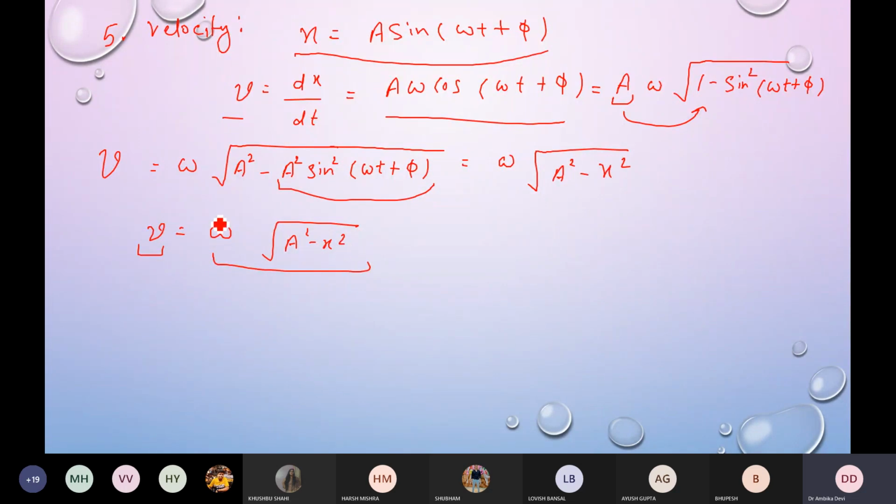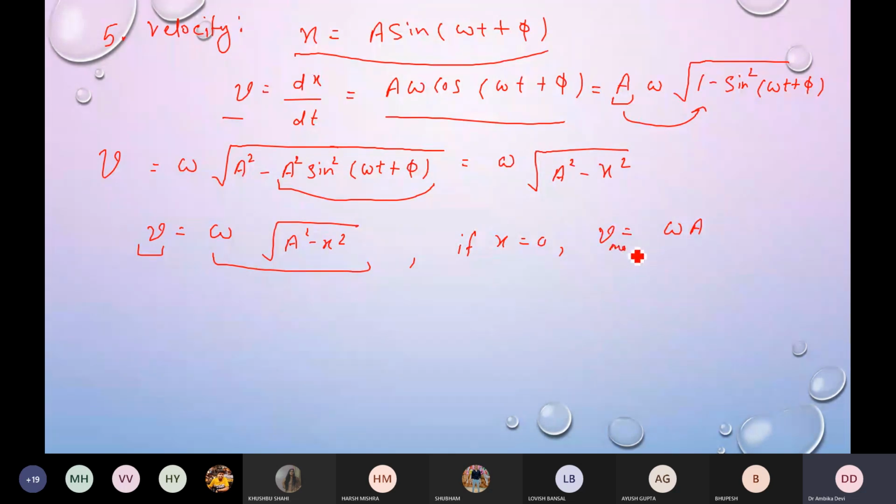The lower the value of x, the velocity will be higher. So if x is equal to 0, you will get the maximum velocity. First let us talk about velocity, then we will also come to the acceleration. So if x is equal to 0, it means that v is equal to omega a. Okay, so this is the maximum velocity.